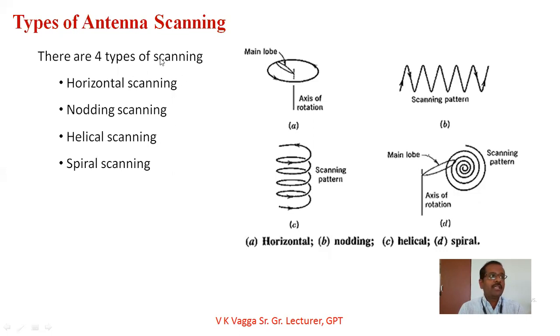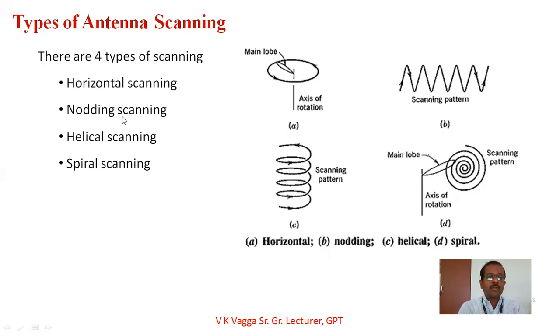Radar scanning is classified according to the area it is going to scan. If it is going to scan only the horizontal space, it can move the antenna only in the horizontal direction. The axis of rotation is only horizontal, and this is called horizontal scanning.